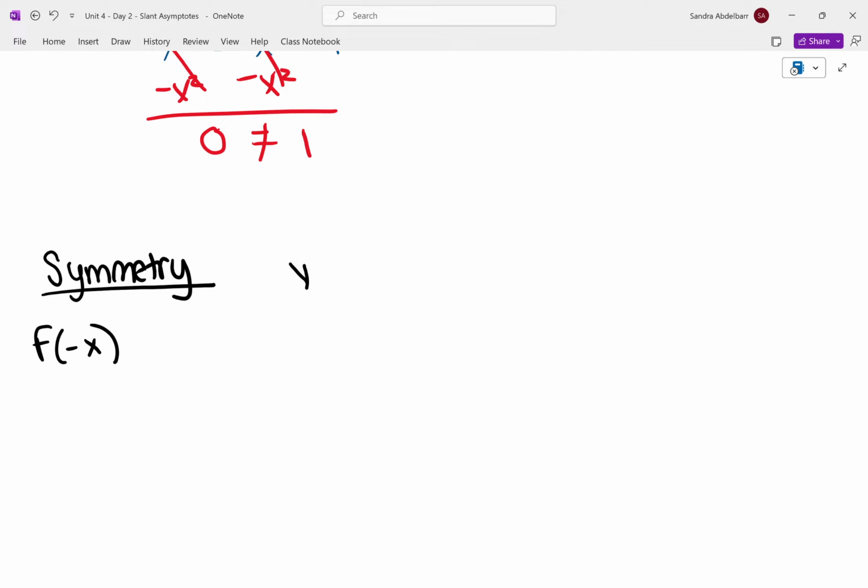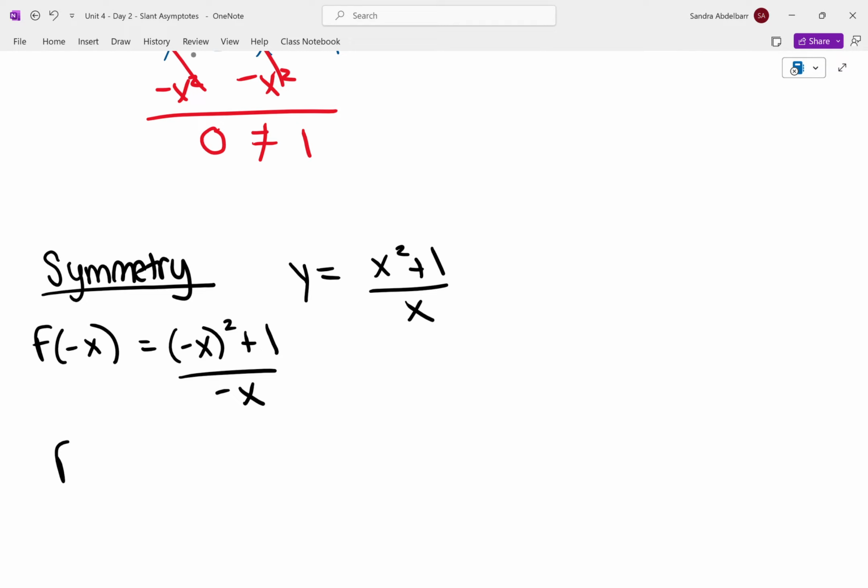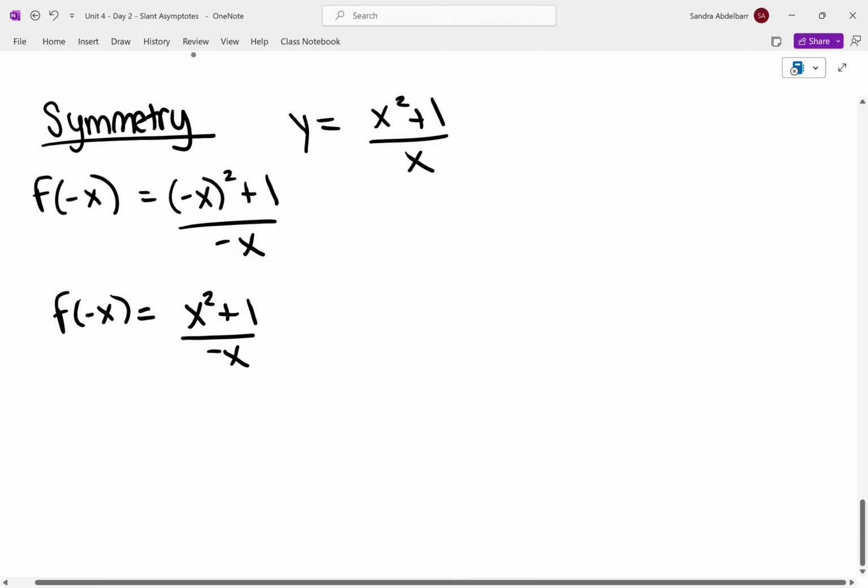So to see if there's any symmetry, what we're going to do is take f of negative x. So remember, our function was y equals (x squared plus 1) over x. So now we're going to have (negative x squared plus 1) over negative x. Well, this ends up becoming (x squared plus 1) over negative x.